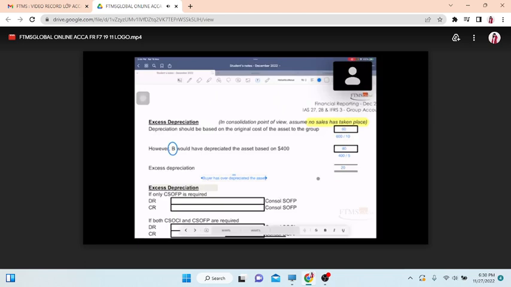Let me write for you here. B actually means buyer. So that's the problem: your buyer has over depreciated the asset.